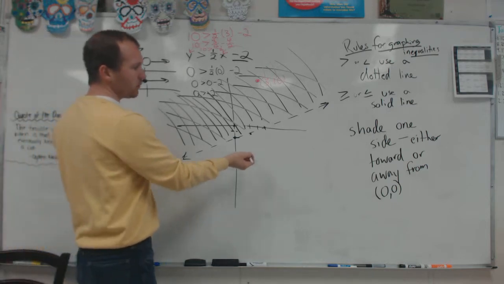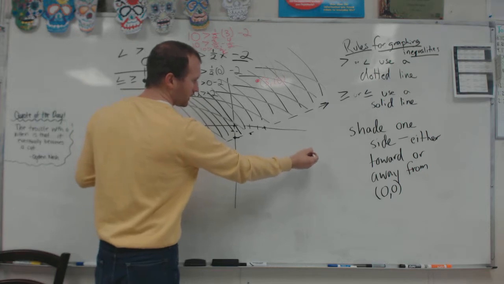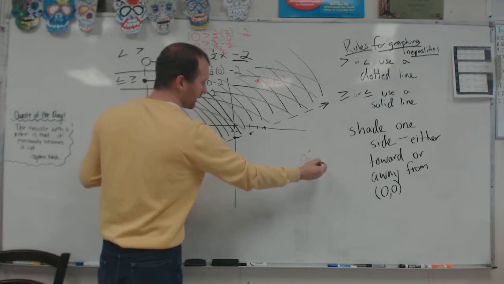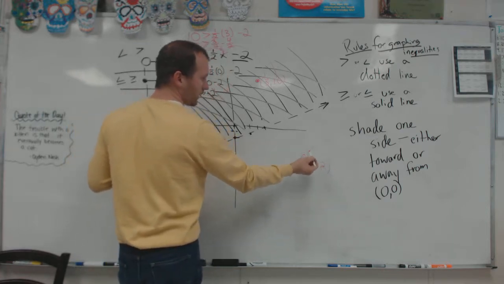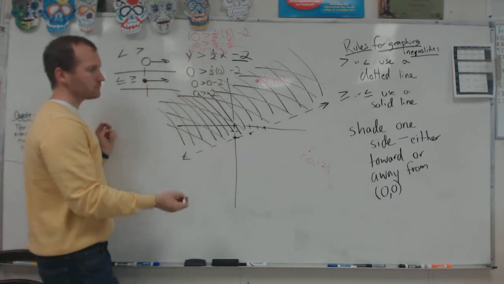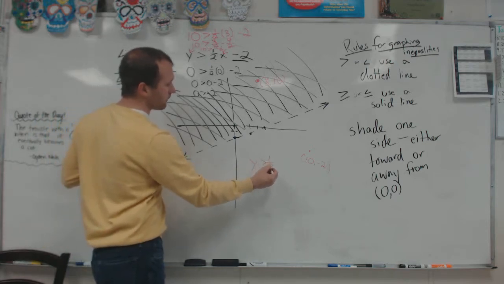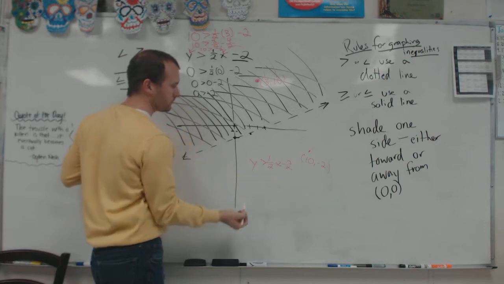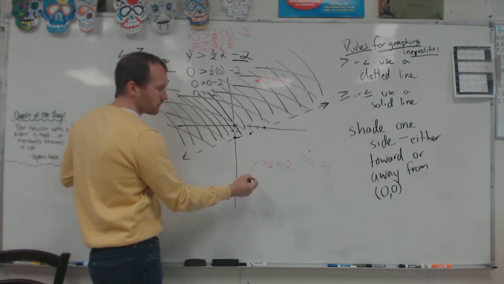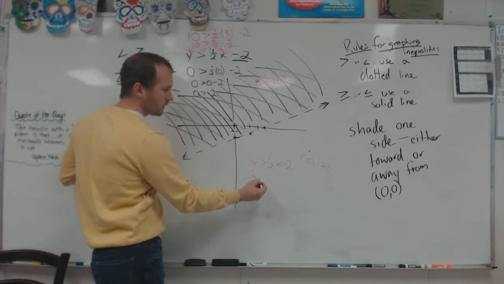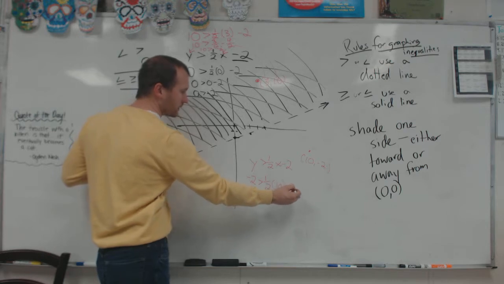But if I pick any point over here, so let's do this point, 10, negative 2, and plug that in for y is greater than 1/2 x minus 2: negative 2 greater than 1/2 times 10 minus 2.